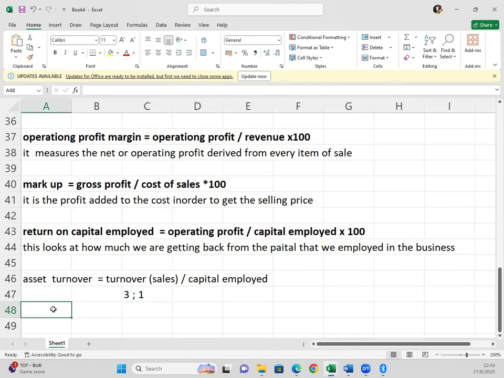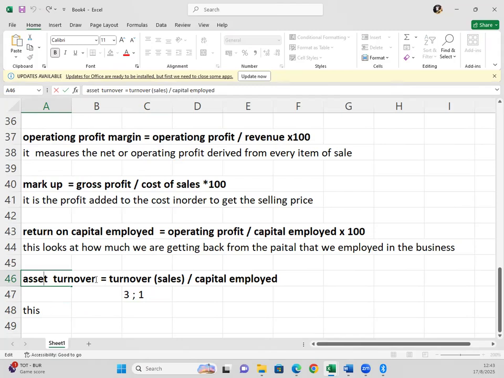Let's start from the fact that the purpose of having assets in the business is to generate sales. This is the asset turnover ratio. We buy assets in the business so that they can be used to generate sales.